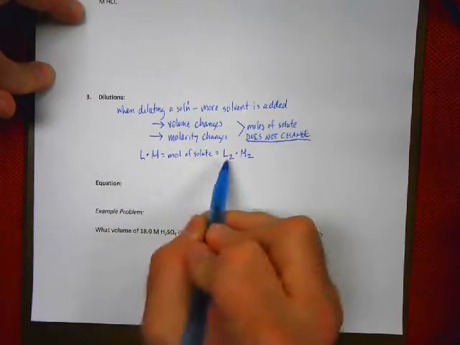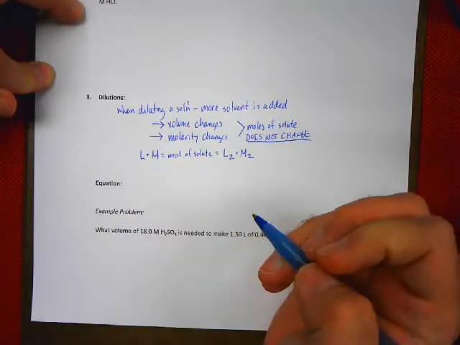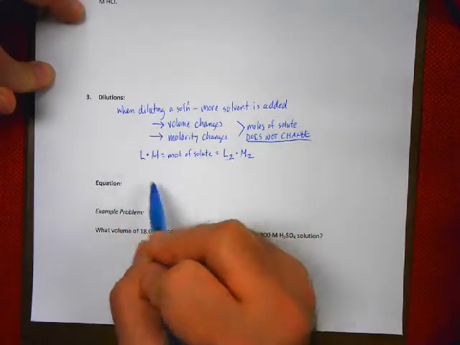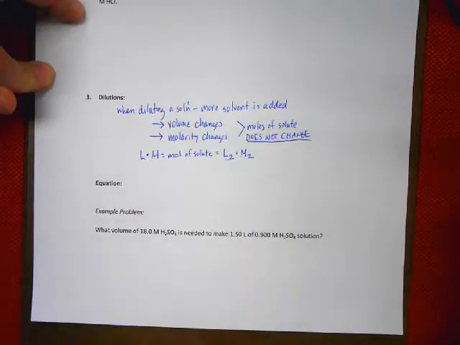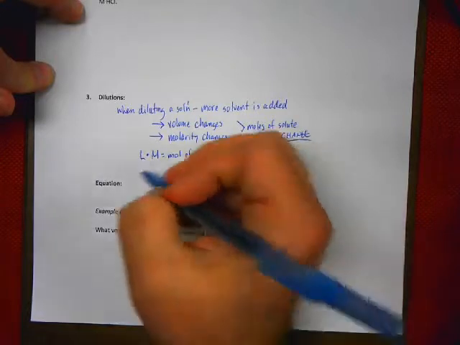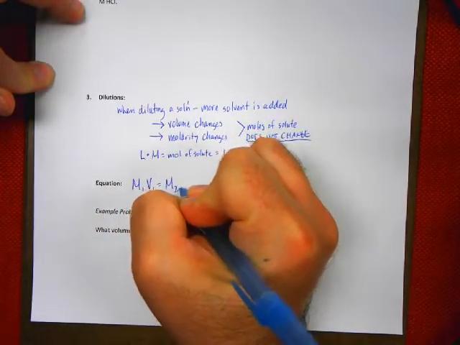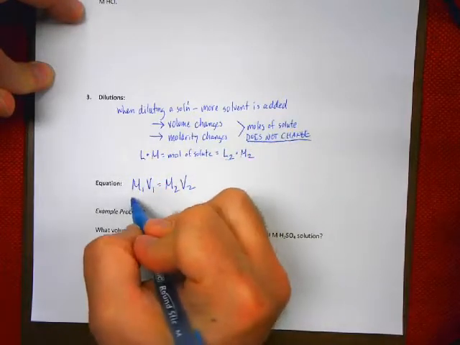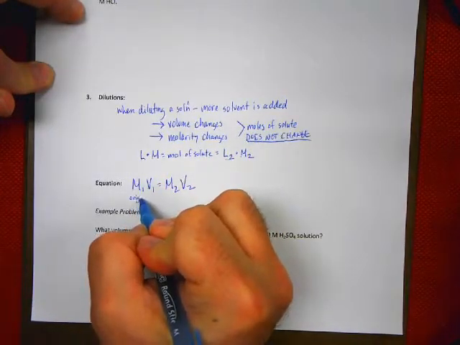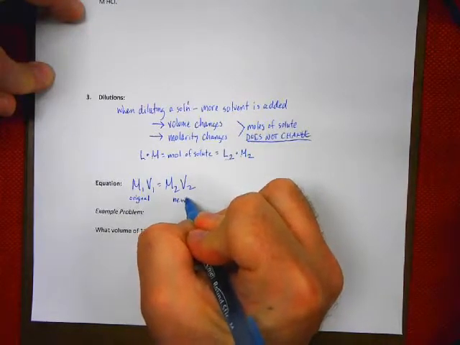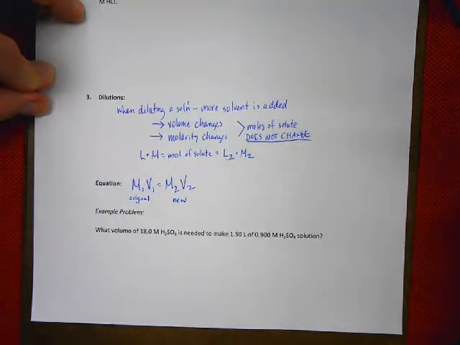And liters was used in this example, but if our volume unit is the same, we could use any of our volume units. So we end up with the equation M1 V1 is equal to M2 V2. So this is our original molarity and volume, and M2 and V2 is our new molarity and volume.